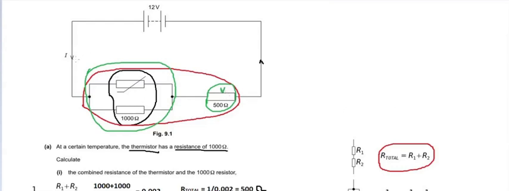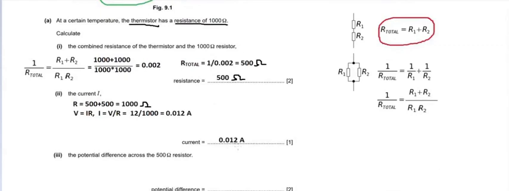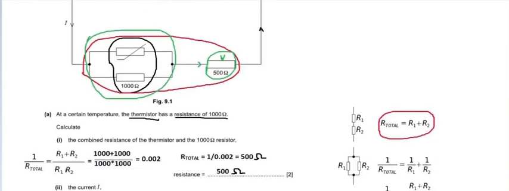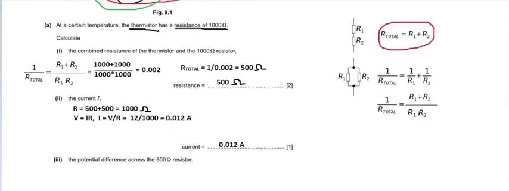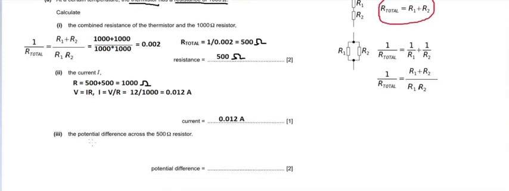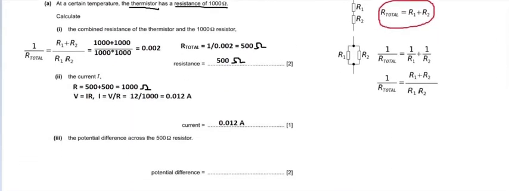What is the current flowing through this 500 ohm resistor? It is the same thing we have just calculated, that is 0.012 ampere. So the current flowing through the 500 ohm resistance remains the same, and that's why we can find the potential difference across this 500 ohm resistance by simply using Ohm's law.